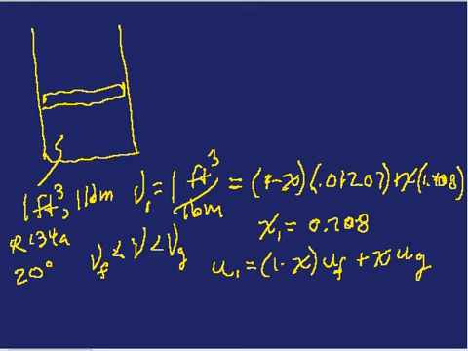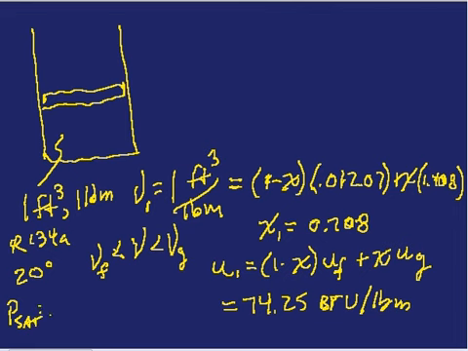So now we have state 1 specified. We also know that at 20 degrees P sat equals 33.15 psia. And so we have this piston bearing down.